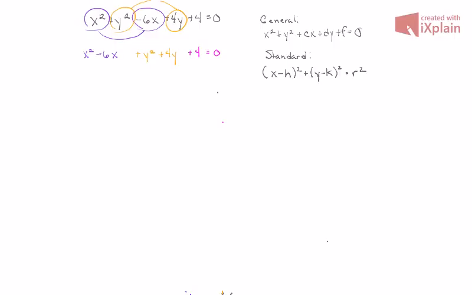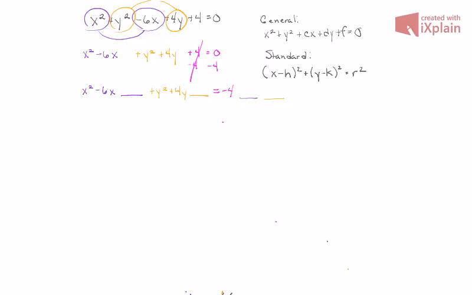So the next thing that you'll want to do is move that 4 by subtracting it from both sides. So this will give us x squared minus 6x, and I'm going to intentionally leave a blank here, plus y squared plus 4y, again I'm going to put a blank in there, is equal to negative 4, and I'm going to put a blank on this side as well.